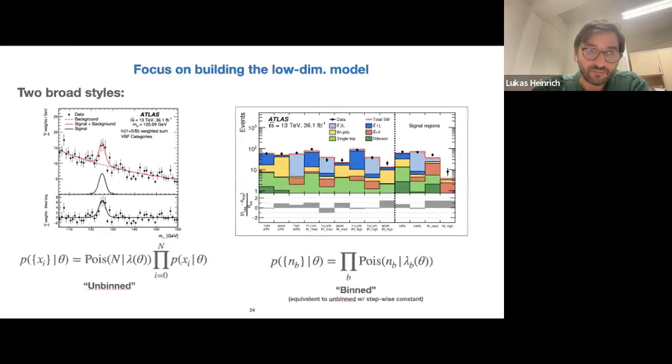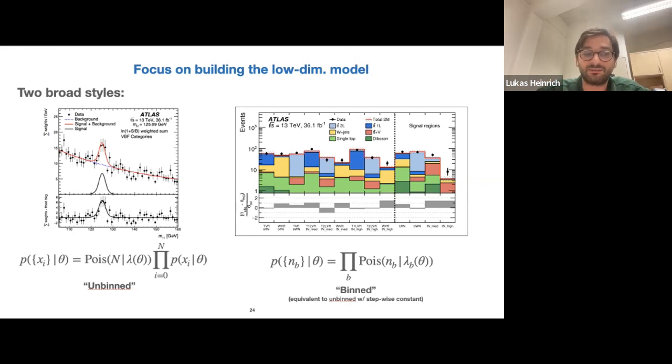The first decision that you need to make is what style of likelihood you want. At the core, the data set that we get is basically an IID data set. We have collisions 40 million times per second, and we assume that the outcome of each collision is an IID sample of the overall state of nature, which is implemented as a generative model.